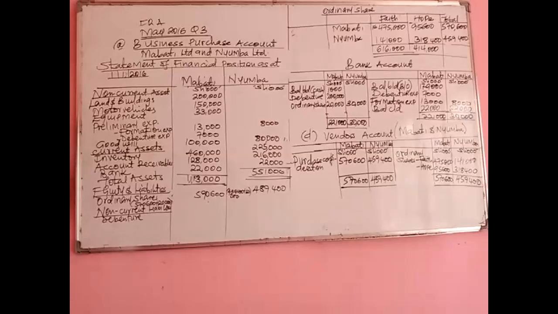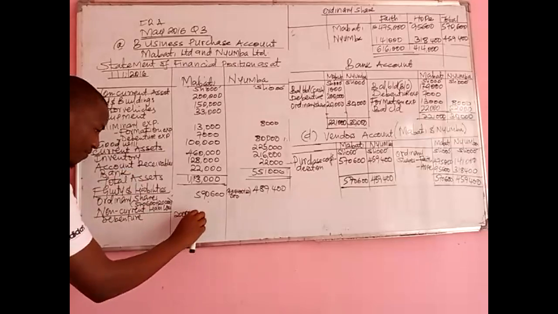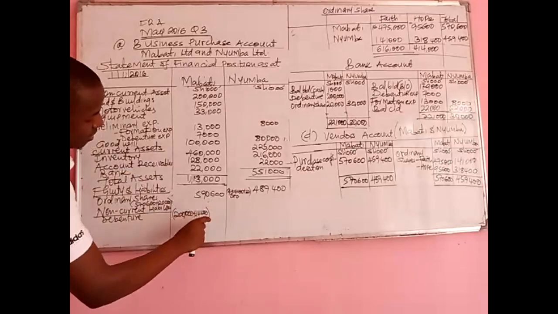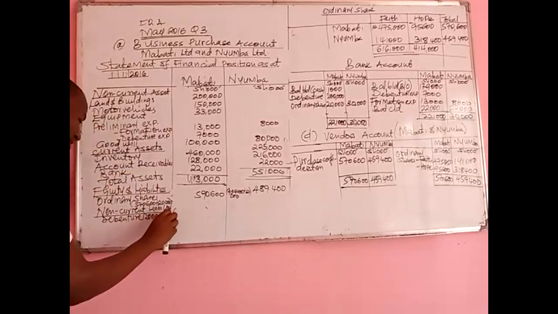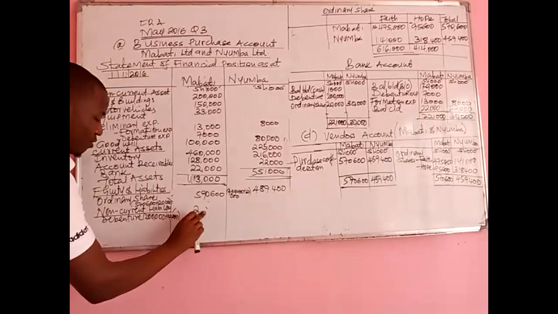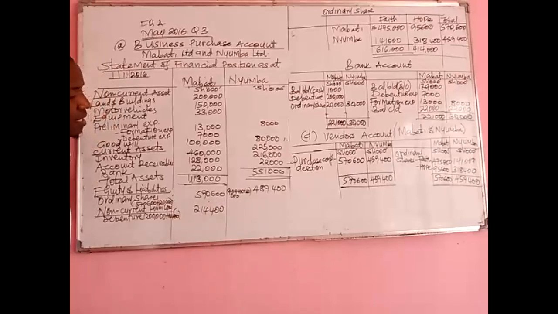So there is that and this one that he lived. 200,000 will add 14,400. You have to consider all of them. I'm supposed to get 214,400. And that 200 was only for Mabati. So it comes to 214,400. And this other one 9,600.